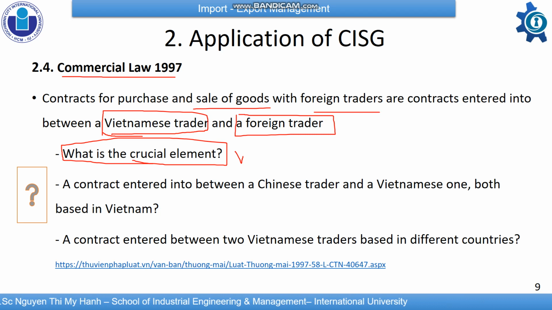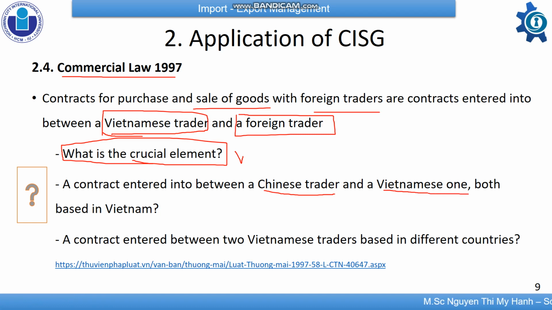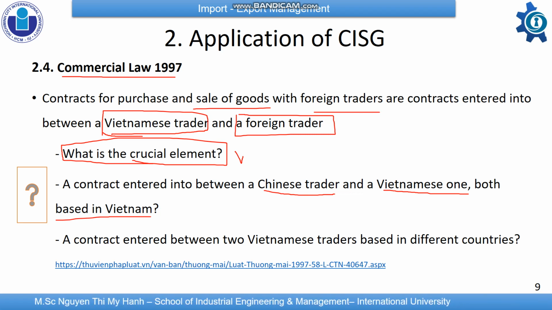So the question for you, try to think by yourself or think of the answer. If a contract is entered into between a Chinese trader and a Vietnamese one, both based in Vietnam, so the contract signed between them is called CISG or not? And the second question is a contract entered between two Vietnamese traders based in different countries.